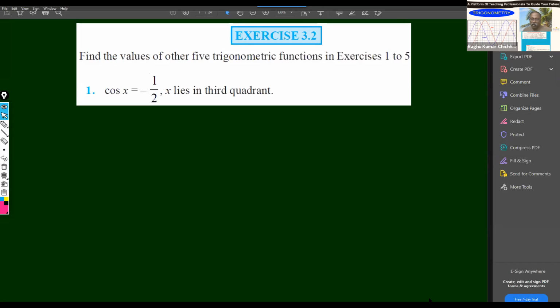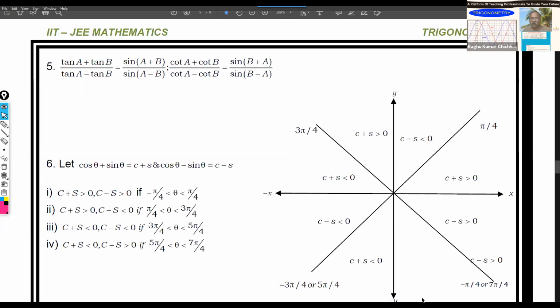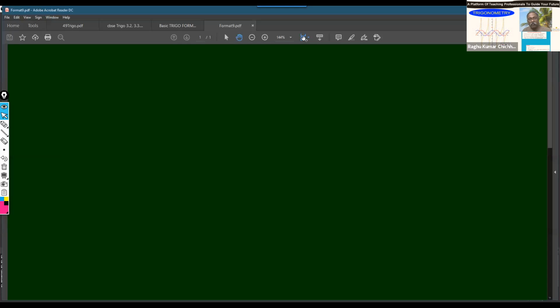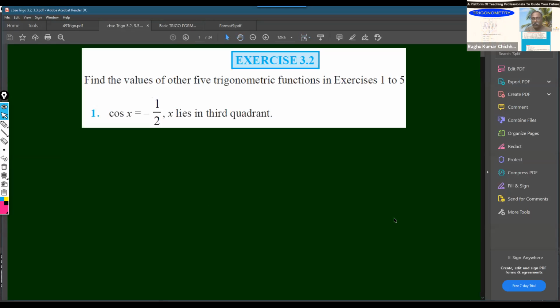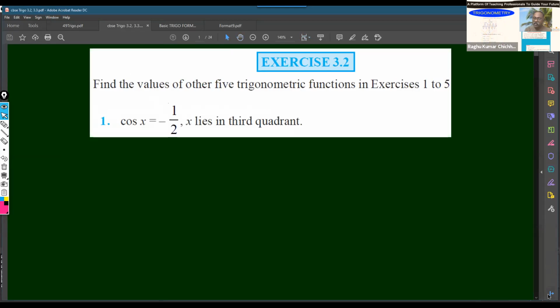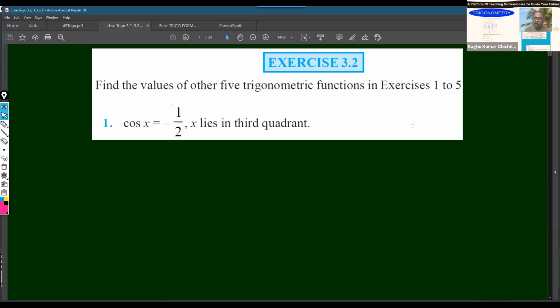So, let me work out the problems in the NCERT textbook. You must be knowing, Bhavita, that the entire IIT JEE syllabus is based on the national level syllabus, the CBSE syllabus. Do you know that or not? I know that, sir.